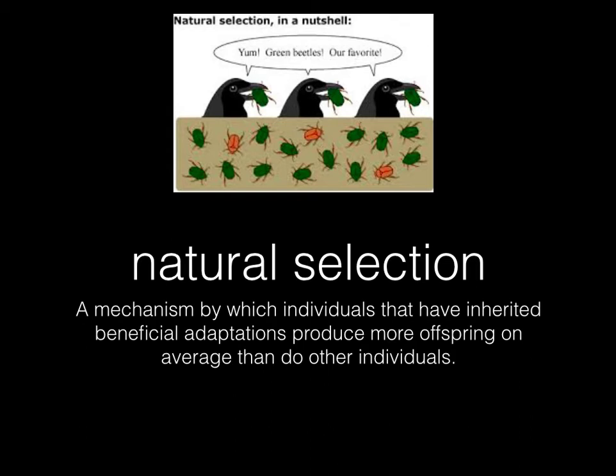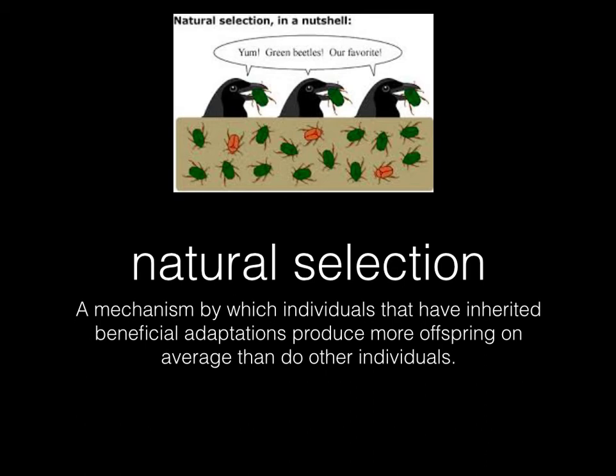Natural selection, a mechanism by which individuals that have inherited beneficial adaptations produce more offspring on average than do other individuals. So I was talking about this concept when we were talking about adaptation, but if there is a variety within a species, then certain organisms within that species are more likely to succumb to being eaten by prey, or not surviving certain temperatures.